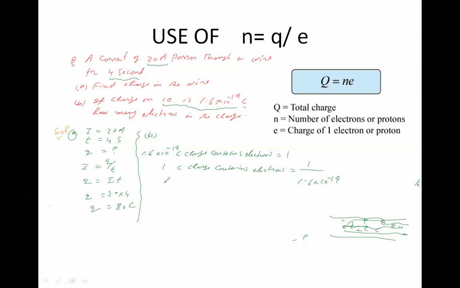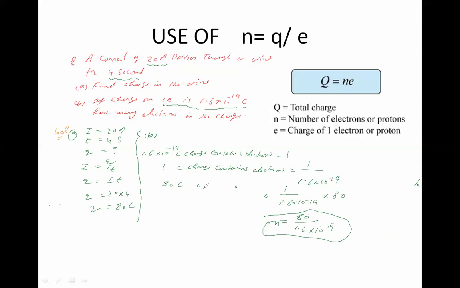And what about 80 coulomb? 80 coulomb charge contains 1 over 1.6 into 10 power minus 19 into 80 electrons, which is 80 divided by 1.6 into 10 power minus 19. That's the number of electrons in 80 coulomb charge.